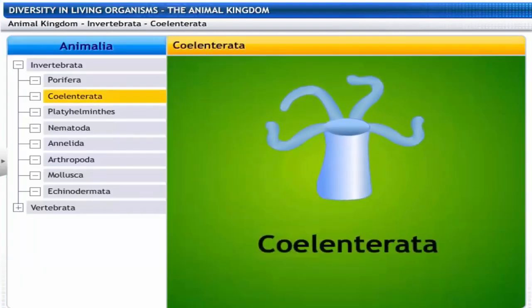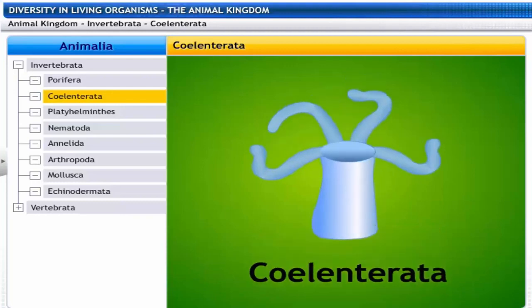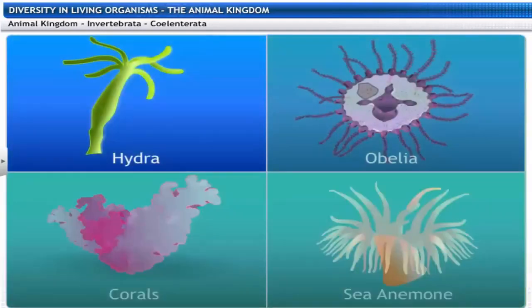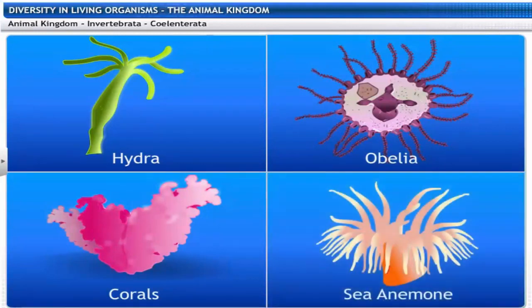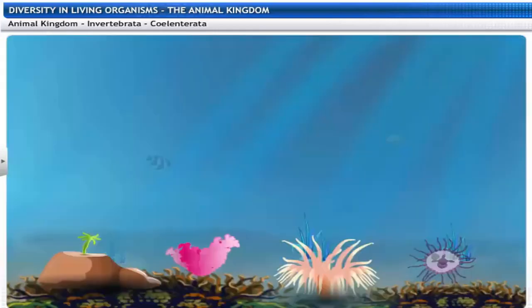Coelenterates get their name from two Greek words, koilos meaning hollow and enteron meaning intestine. The phylum Coelenterata includes hydra, obelia, corals, and sea anemone. Coelenterates live in an aquatic habitat, which may be fresh or salt water.